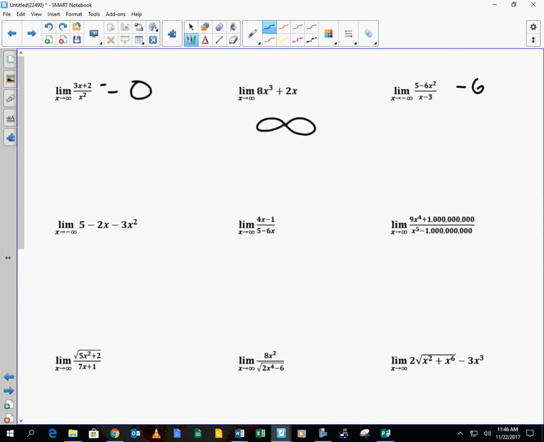You have negative 6 times a big negative number squared divided by a big negative number, right? The square is going to make the negative go away.